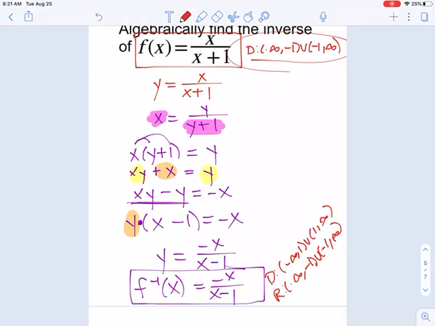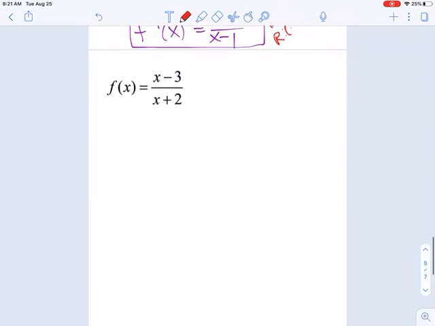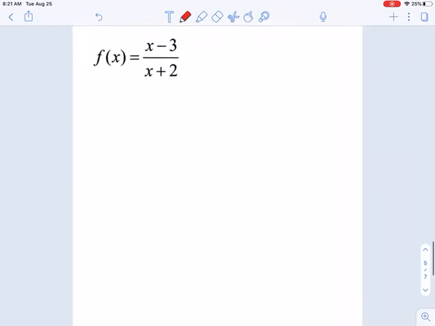Now, I know that this one was a little different than most of them that you've done. Some of you maybe got halfway through, maybe all the way through. What I want you to do is go ahead and try, with maybe the help of a neighbor, to get through this, finding the inverse with the domain and range.